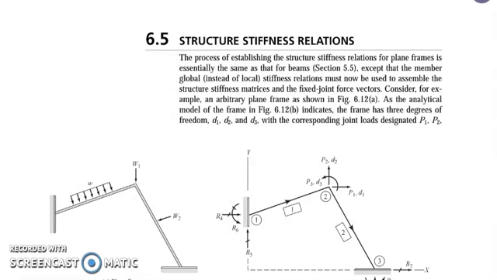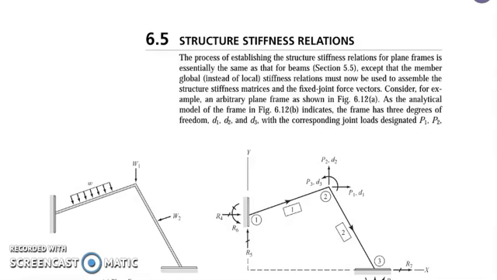Now for this one, it is somewhat similar to beams, except that the member global, instead of local stiffness relation, must be used to assemble the structure stiffness matrices and the fixed joint force vectors. So since we have now our value for our global coordinate system, unlike for the beam, we don't have value for our global coordinate system. So we only have our Q.